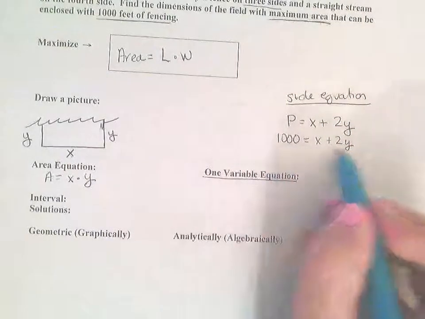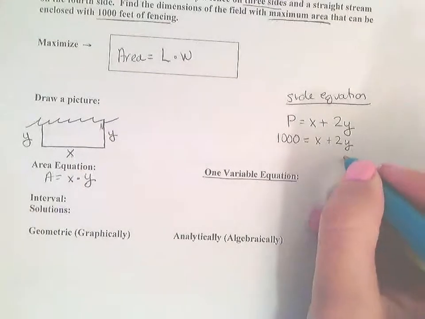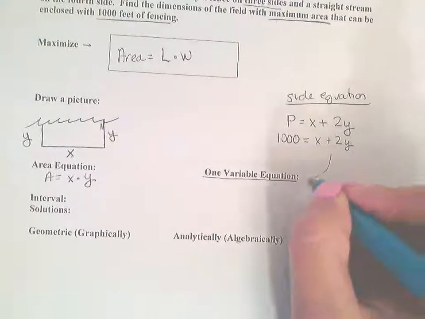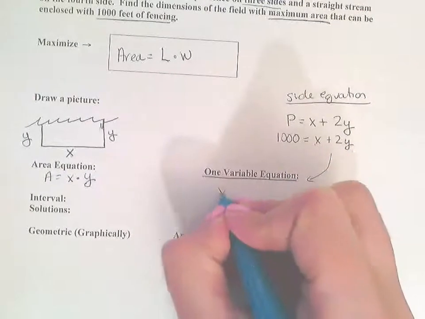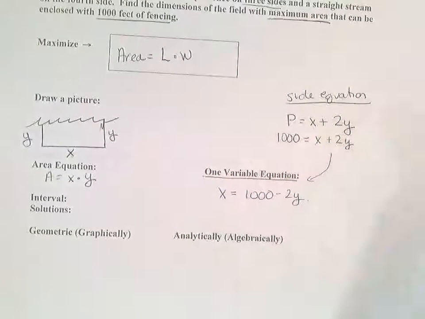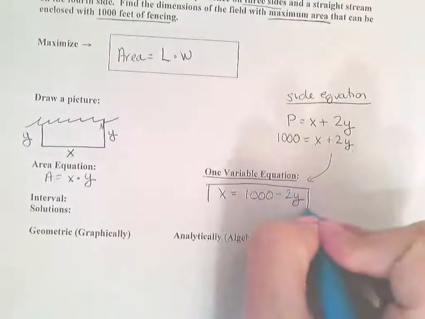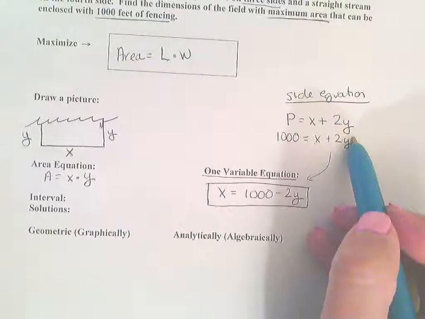And I can use this equation to solve for one variable. So what is my one variable equation? I'm just going to solve for x because it's easier. So x is equal to 1,000 minus 2y. So there's my variable equation from my side equation.